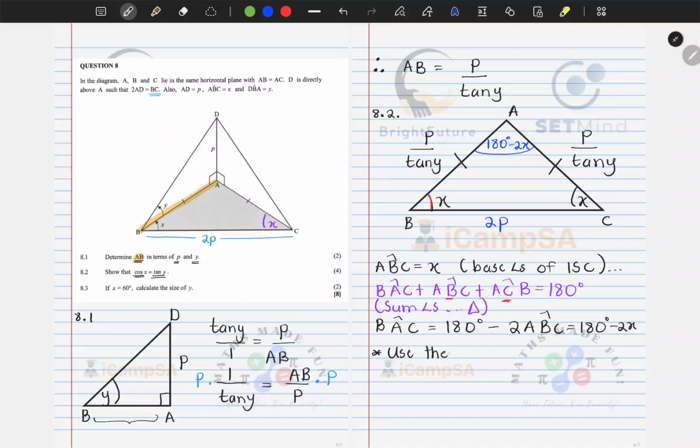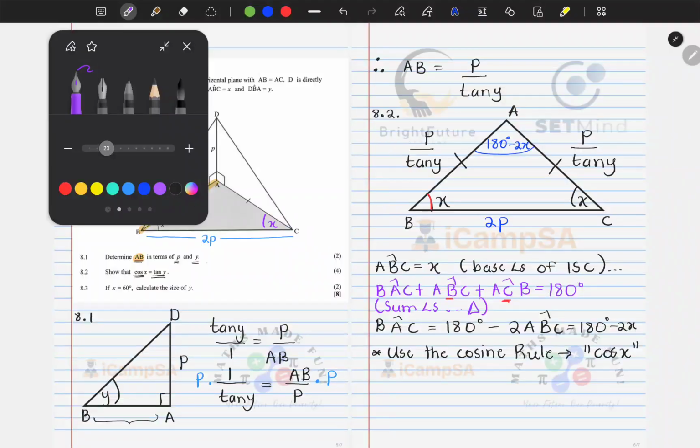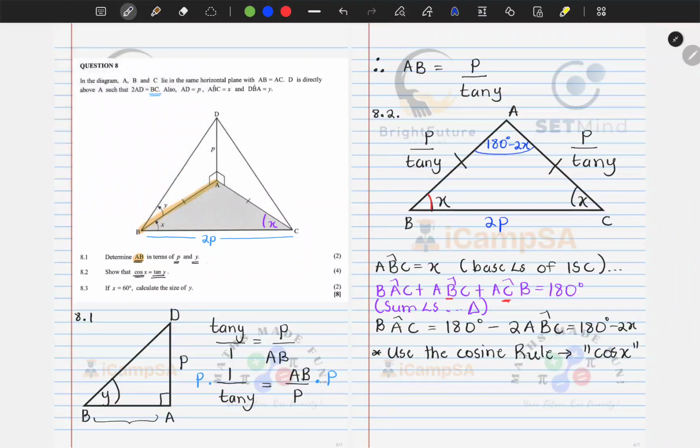Use the cosine rule. Because what we want to have at the end, we need to be able to have a cos of x somewhere. And the cosine rule, we know it's going to have a cos of this. But what we are going to do is to use that angle and then use the opposite side.